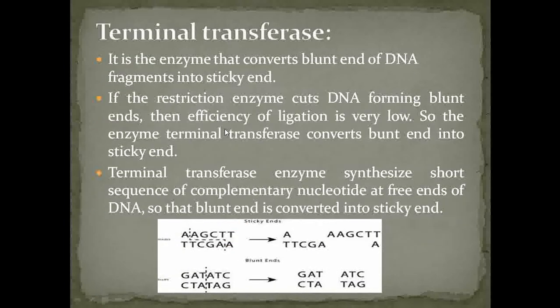Then the next enzyme which is involved in recombinant DNA technology, that is the terminal transferase. So see what is the property of terminal transferase. Earlier we have studied the restriction endonucleases. Whenever the restriction endonucleases cut the DNA at specific sites, they will form two types of ends: blunt ends as well as sticky ends.